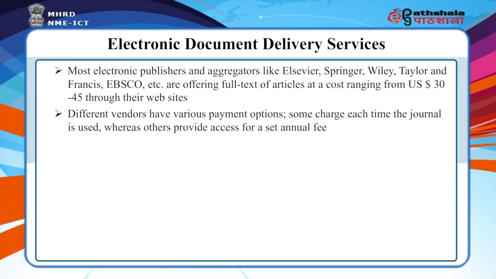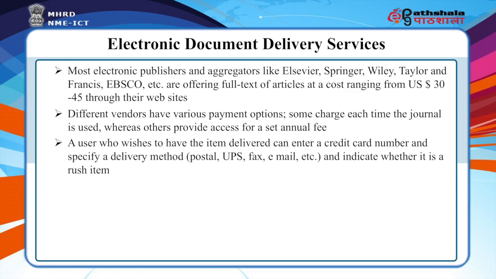Some charge each time the journal is used, whereas others provide access for a set annual fee. A user who wishes to have the item delivered can enter a credit card number and specify a delivery method, that is, postal, UPS, fax, email, etc. Then the person can indicate whether it is a rush item.